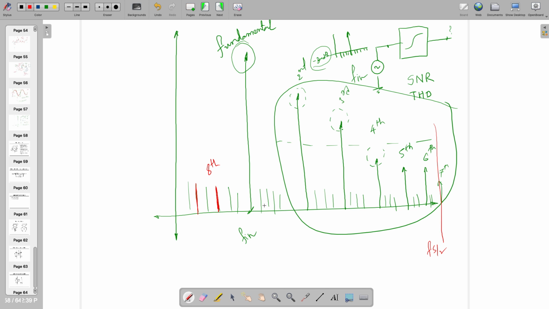Then after 1 2 3 4 5, the ninth is here. You can see all the harmonics have been plotted, maybe till 100. After omega it will repeat. Of course, it should go inside. This is called frequency wrapping, right? It should go back. So these are also harmonics, right?